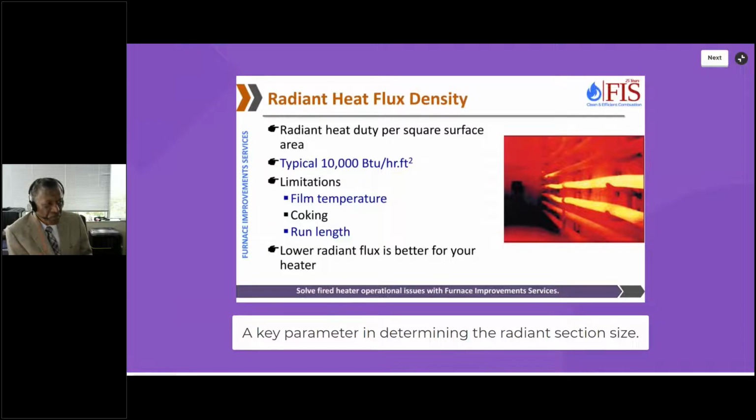And why do we limit it? Because we have a restriction on film temperature, coking, and run length. You don't want to be decoking your heater every year, because you will have to shut it down for 3, 4, 5 days, and you will have a lot of production loss. So the general guidance is lower radiant heat flux is better for you.